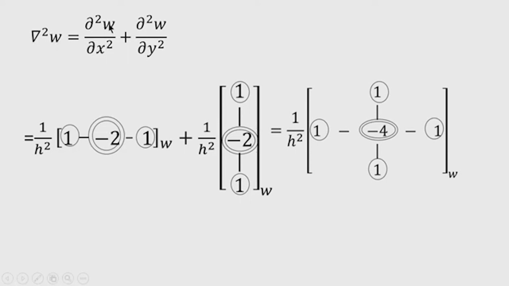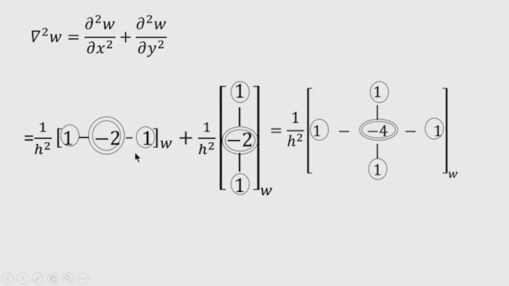So, let us also express this del square w by del x square plus del square w by del y square. We have found that the second derivative of w with respect to x is 1 by h square times 1, minus 2, 1. So, minus 2 is the coefficient of the deflection value at the node where you want to place the stencil.